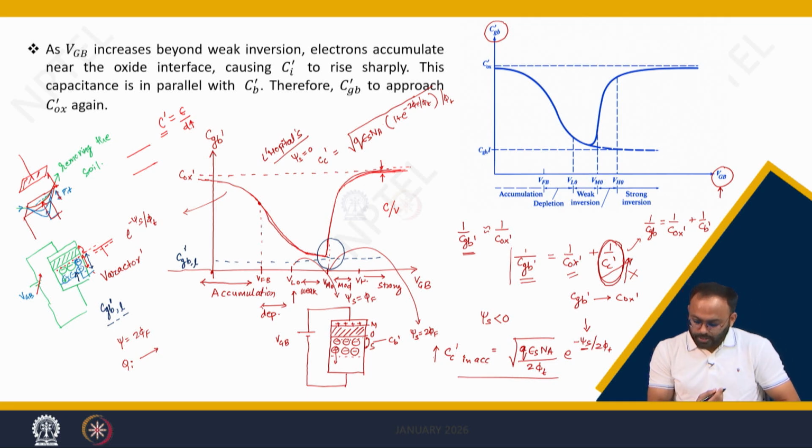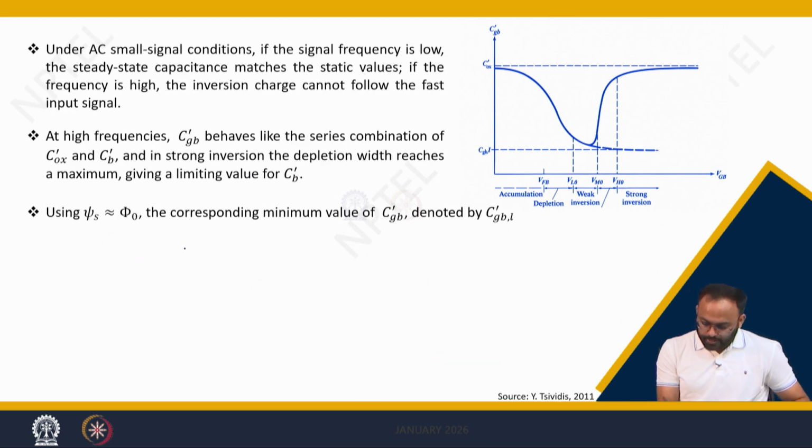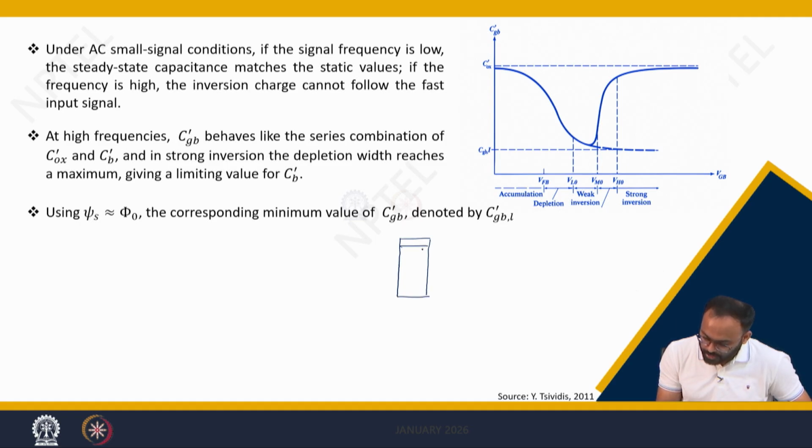How can we calculate this minimum capacitance value? Again we will use our understanding that the MOS structure will have the maximum depletion thickness when we are in strong inversion. So you are applying VGB and you are considering that the maximum depletion thickness is dBm.